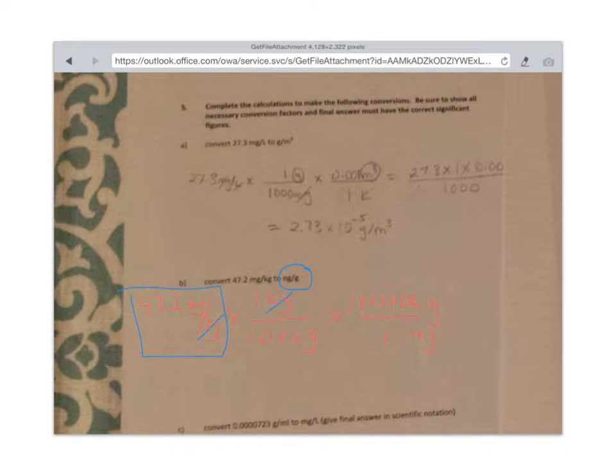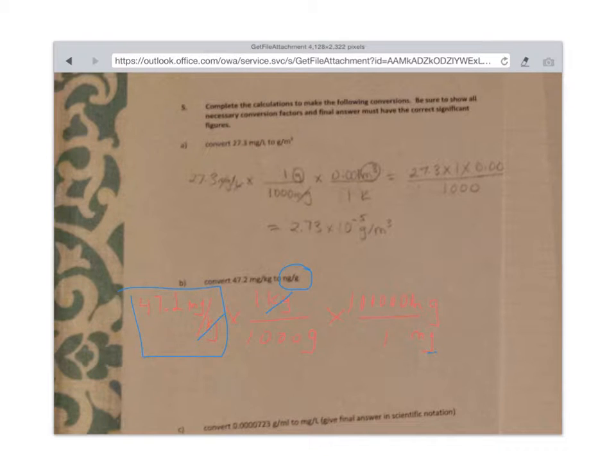Now, we know we want nanograms to grams, and right now we have milligrams to grams, so we have to get rid of the milligrams. So that's going to go on the bottom, and then on the top we need to change it to nanograms, so we want to put it in terms of nanograms. So 1 milligram equals 1,000 nanograms, if I have that right, 10 to the 6.